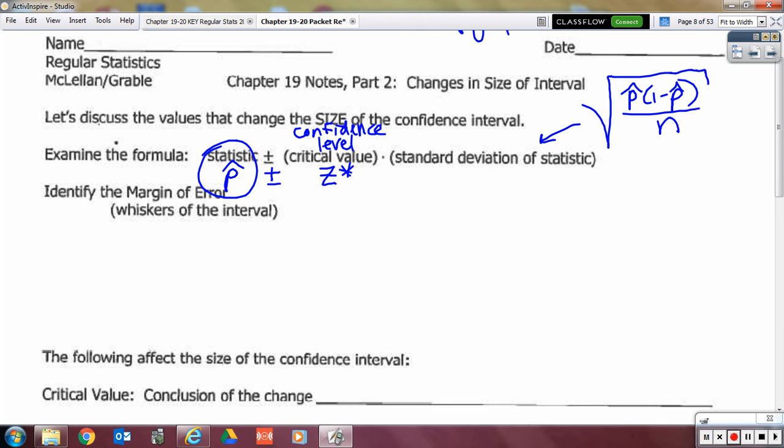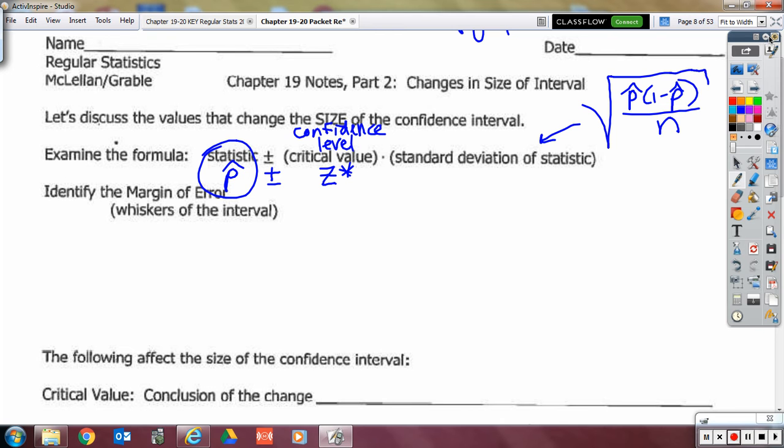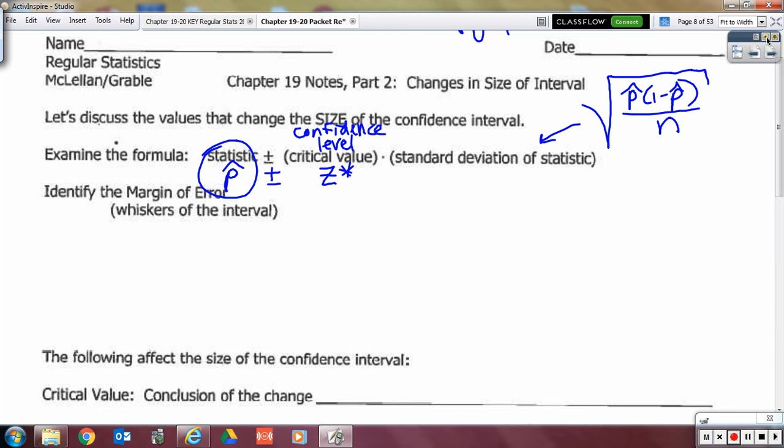So tell me, when I'm looking at this formula, what things can you, as a researcher, change the size of? Oh, perfect. Sample size is one thing that you have control over. Good. What else do you have control over? How confident you want to be. Okay, so those are the two things: how confident you want to be and your sample size will affect the size of our interval.